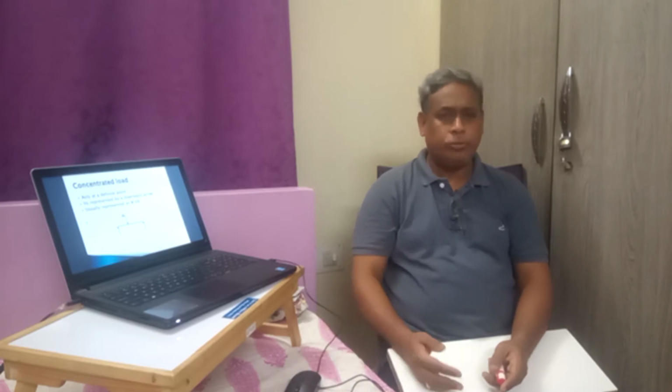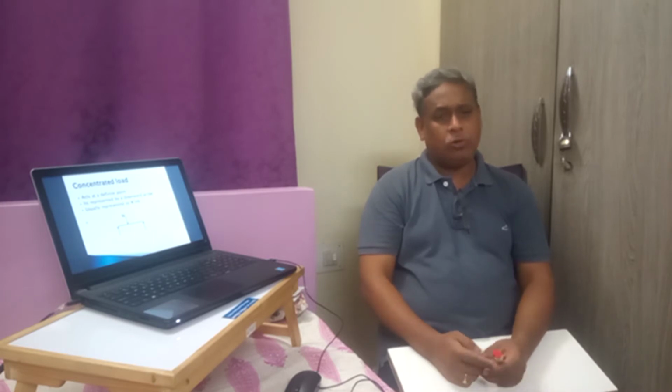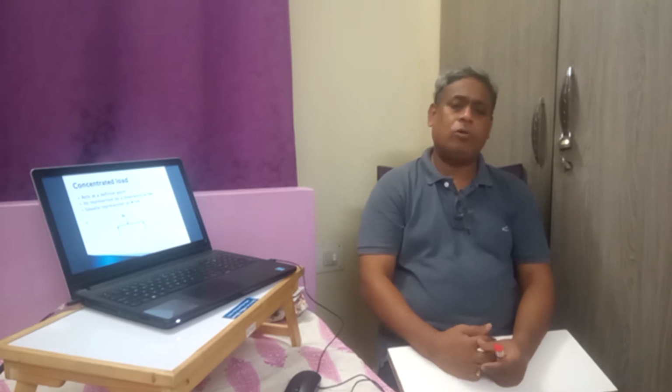So this load we usually represent as W kilonewtons or W newtons. W is capital W. We use capital W for a concentrated load. It is the generally followed notation. When we see capital W, we mean that we are putting a concentrated load or a point load.